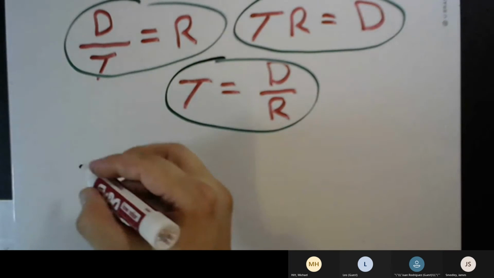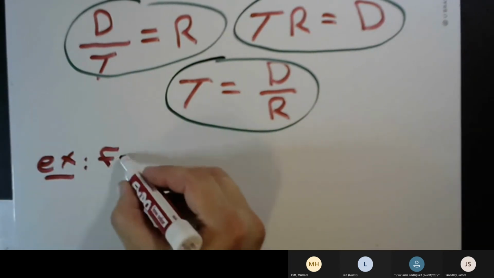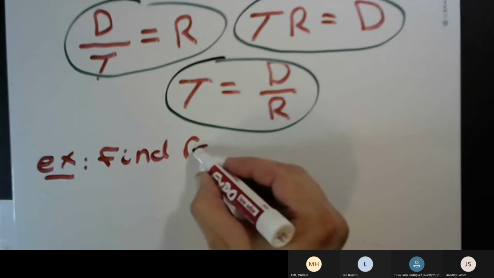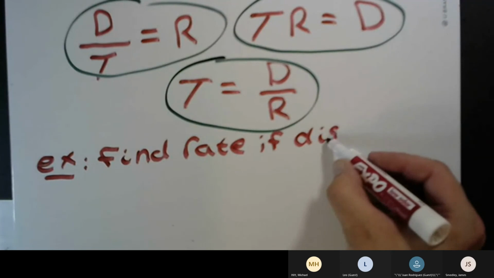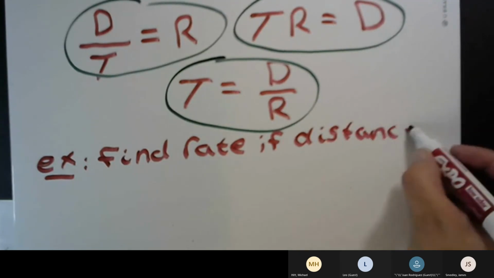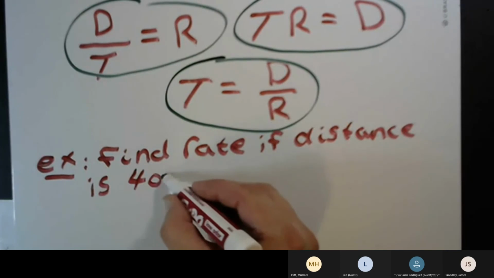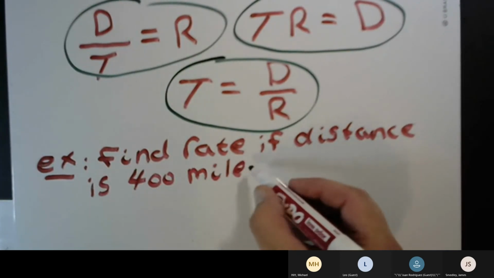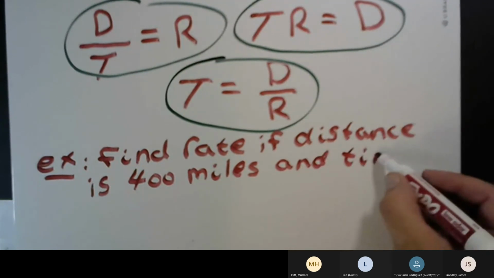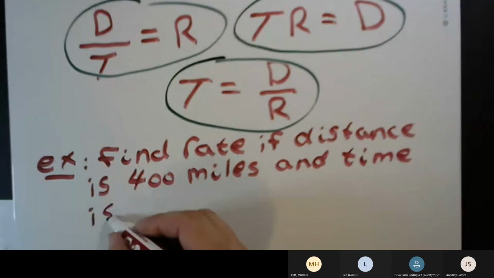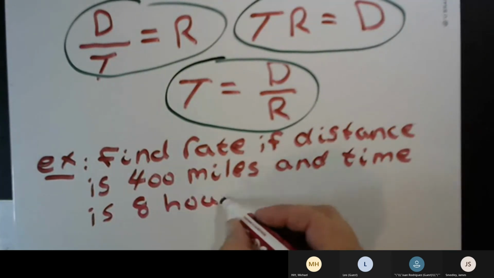So for example, find the rate if distance is 400 miles and the time, let's see, is 8 hours.